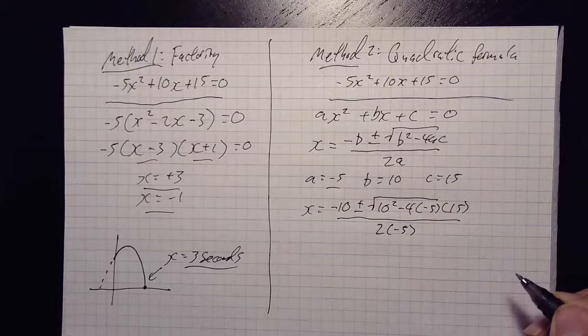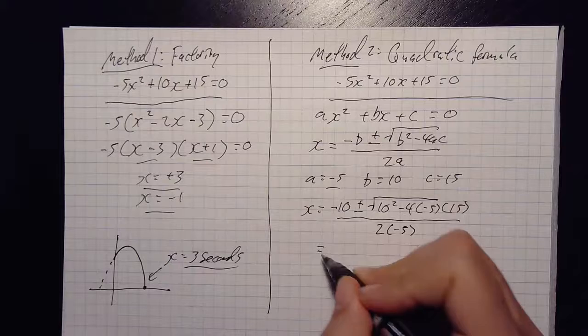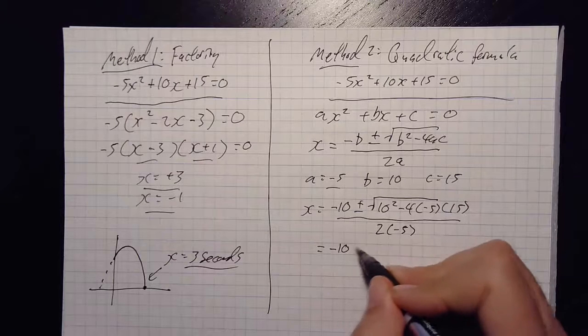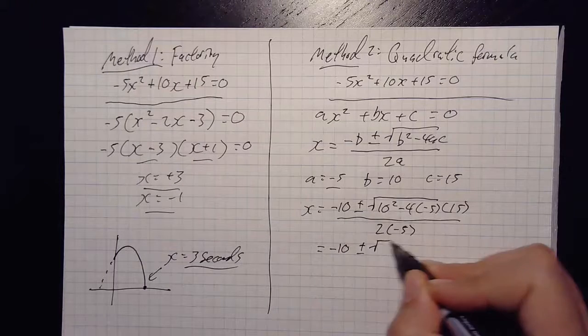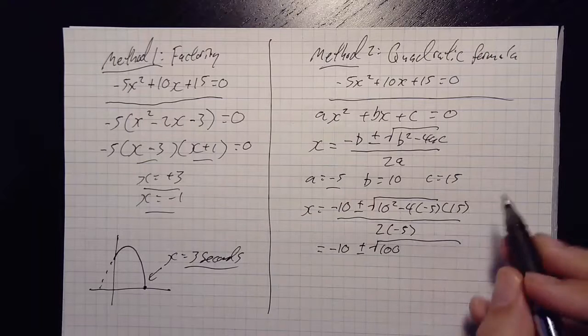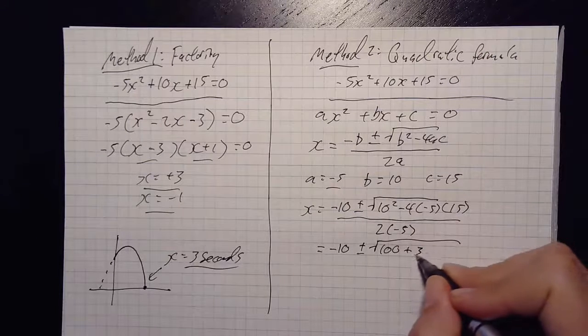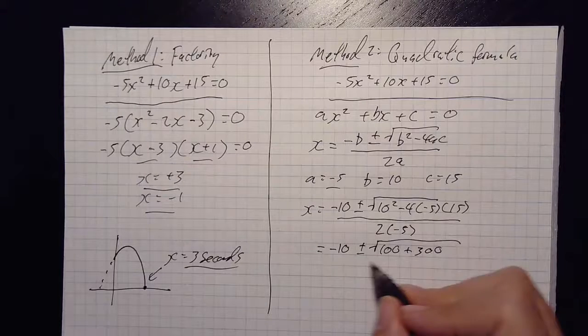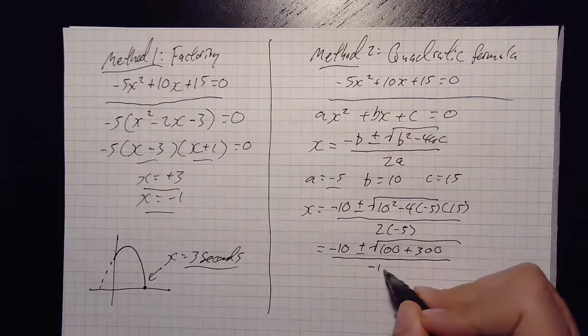Okay, so now let's see what we get. That's equal to negative 10 plus or minus the square root of 100 plus 300, all over negative 10.